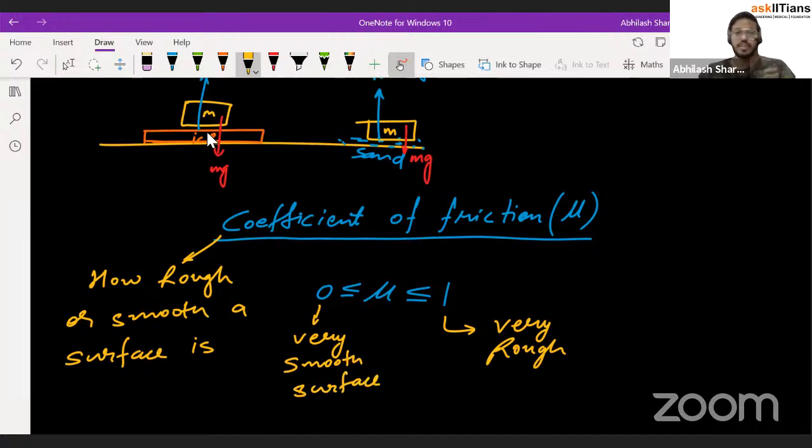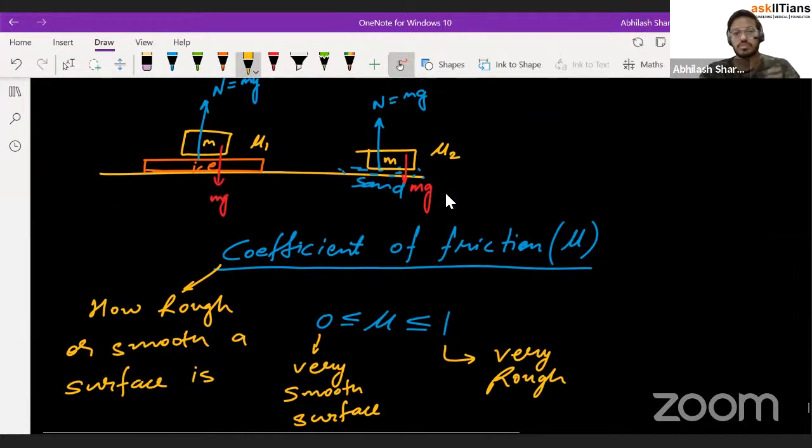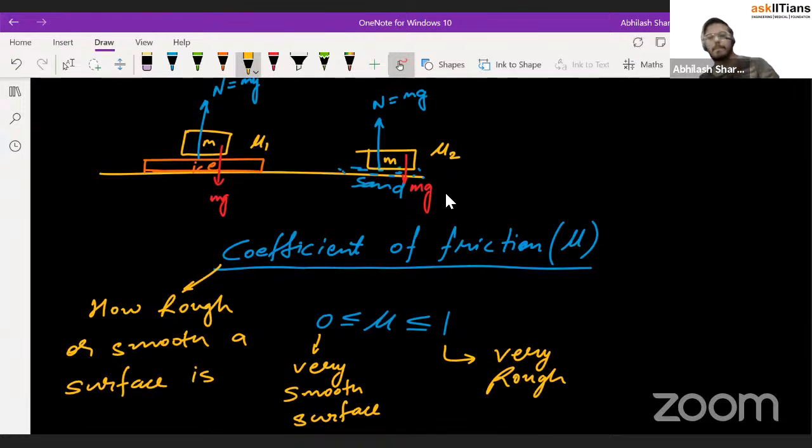All right. So here, if I write mu1 and mu2, the two coefficients of friction, which one will be greater? For sand, it will be greater, or ice, it will be greater? Yes, Ellen, you're right. What about others?